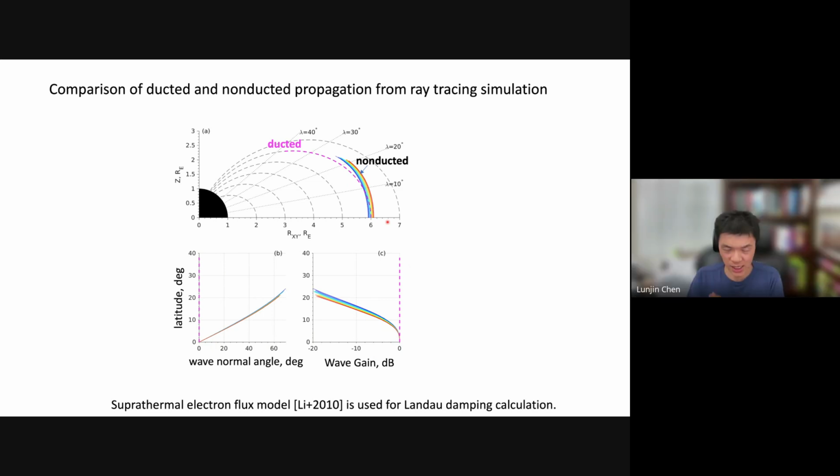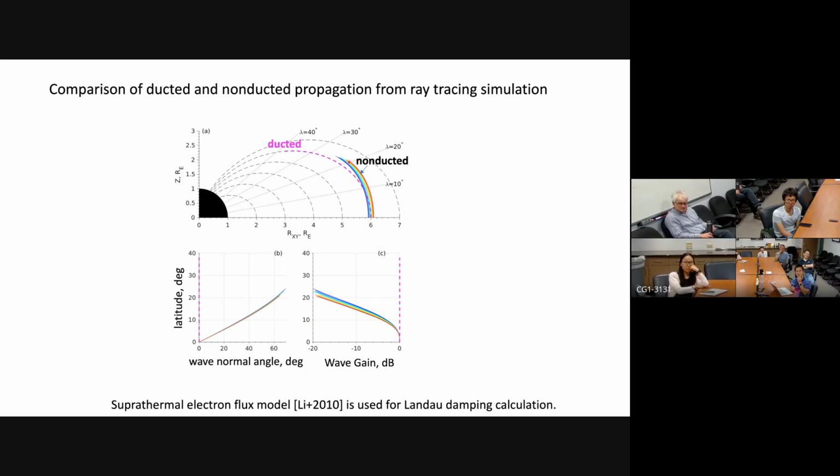Even if they are oblique, the group velocity, the velocity of wave energy propagation, can still be along the field line. As you can see here, at this location the non-ducted waves have about a 60-degree wave normal angle, but the energy still propagates more or less along the field line.